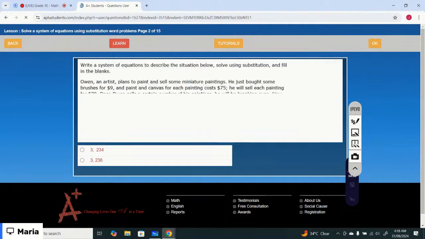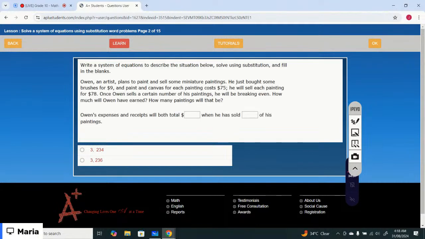Okay, the next one is: Owen, an artist, plans to paint and sell some miniature paintings.